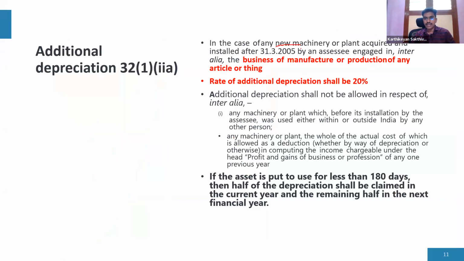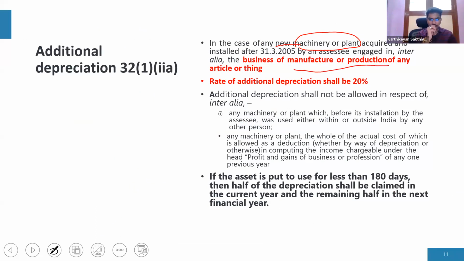See, if any new machinery or plant is acquired by an SSE engaged in business of manufacture or production, if somebody is in the business of manufacture or production and he is purchasing a new machinery or plant, in such case, in the first year of acquisition, he shall claim 20% of actual cost as additional depreciation.